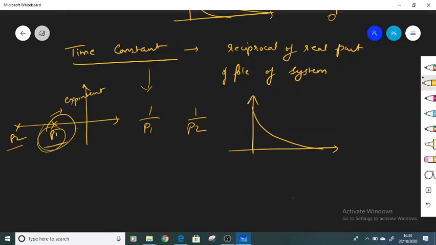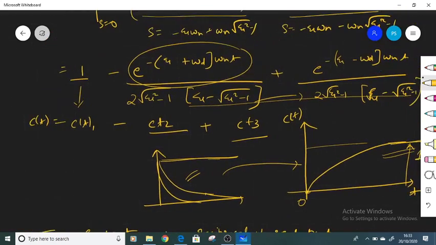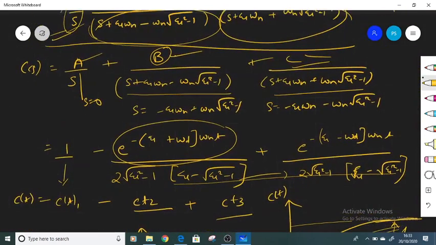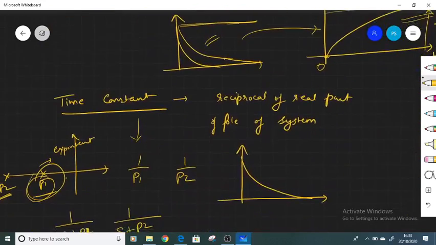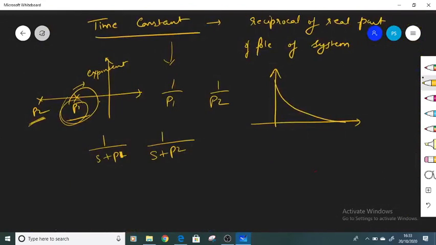Why? Because this is a pole, I can write it as 1 divided by s plus p1. Due to this pole, in the Laplace domain it will be 1 divided by s plus p1, and similarly 1 divided by s plus p2. This is the same thing we derived above: our system had 1 divided by s plus something, 1 divided by s plus another something. Okay, there were two poles, so we are writing it in a generalized way: 1 divided by s plus p1, 1 divided by s plus p2.